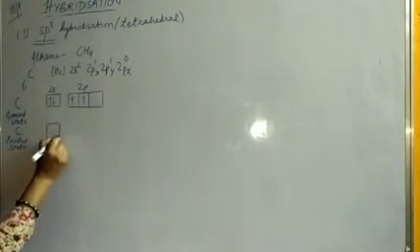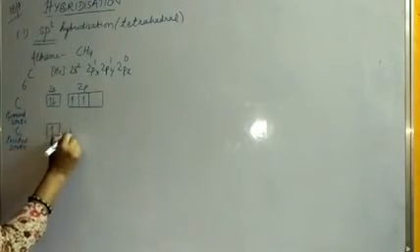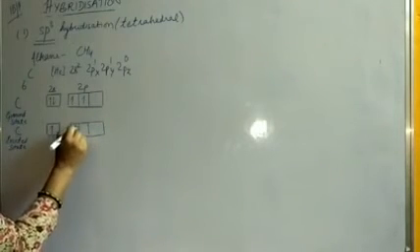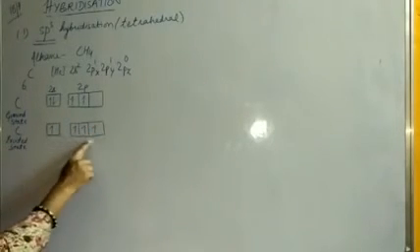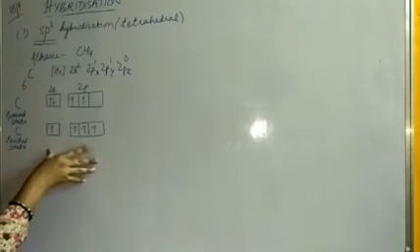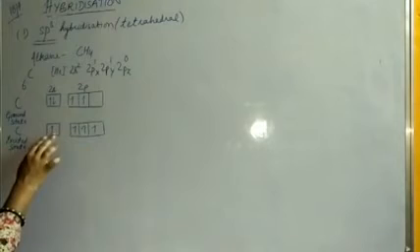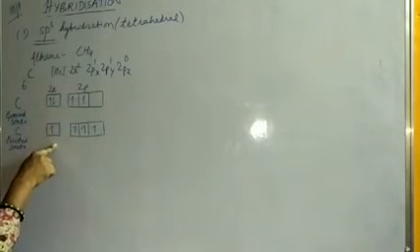Here, 1 electron from 2s is going to jump up to the 2p subshell, so that the covalency of carbon becomes 4, right? So we have 4 unpaired electrons. Now students, according to hybridization, this 1 2s orbital and 3 2p orbitals are going to undergo intermixing or hybridization. So we will write down here the hybrid state.